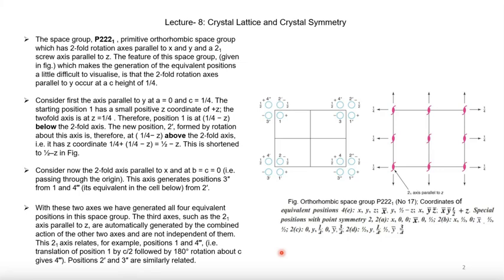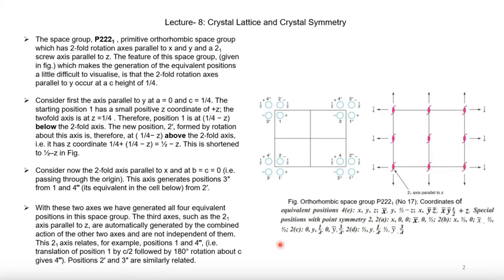In the International Tables, we have both equivalent positions plus symmetry elements related to a particular space group. We can just practice, and then we get it very clearly if we want to understand space groups.